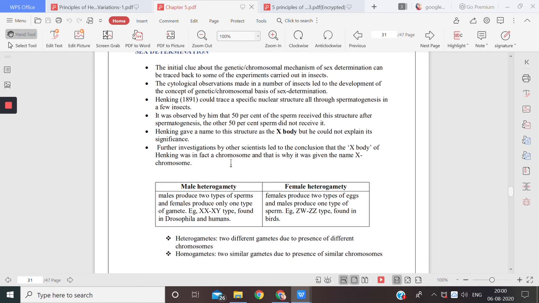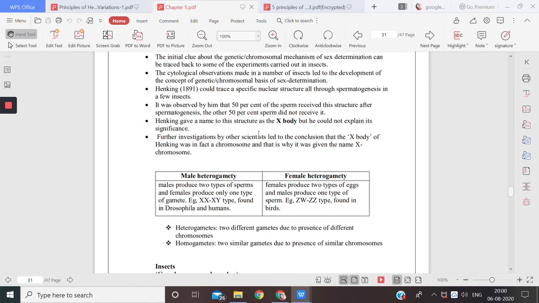Further investigations by other scientists led to the conclusion that the X body of Henking was in fact a chromosome, and that is why it was given the name X chromosome.